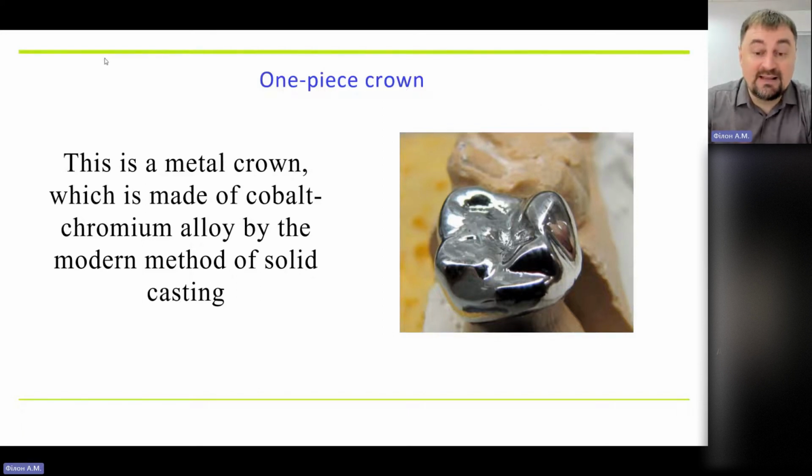It's a metallic crown, and of course, I have to say that such a crown you can use only when you want to cover premolars and molars, only molars actually, because if your patient is going to smile, everyone can see such a horrible color, and a huge defect of the metal crown.